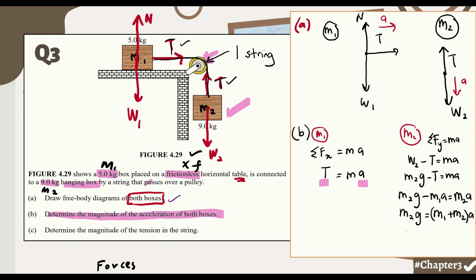Substituting, a is equal to M2 is 9, g is 9.81, divided by M1 plus M2, 9 plus 5. Finally, a is equal to 6.3 meters per second squared.